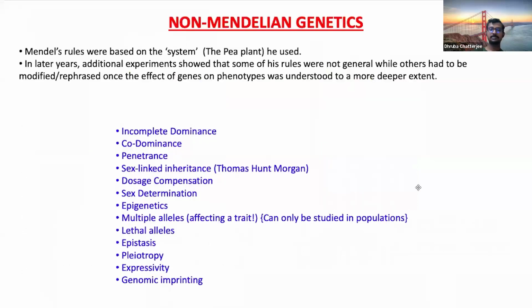Now, just like I mentioned, there are a large number of cases. Mendel's rules are based on a particular system, which is the pea plant, and even within the pea plant, he examined only a certain set of heritable traits or phenotypes, and he postulated these patterns of inheritance, right?